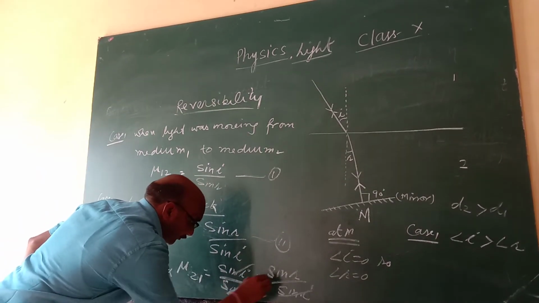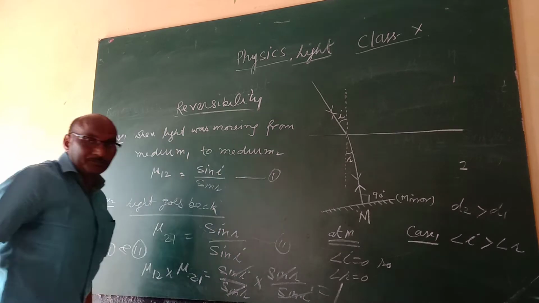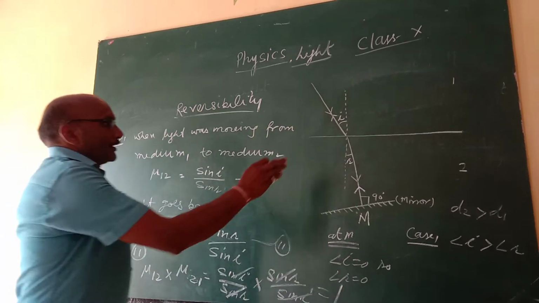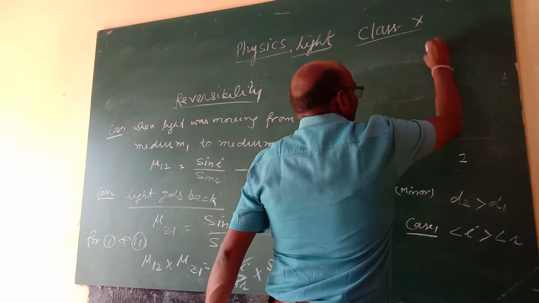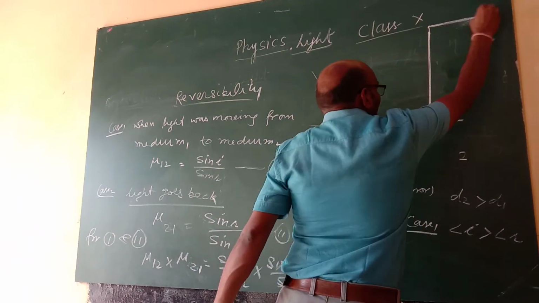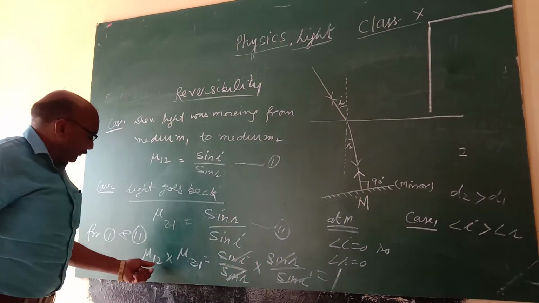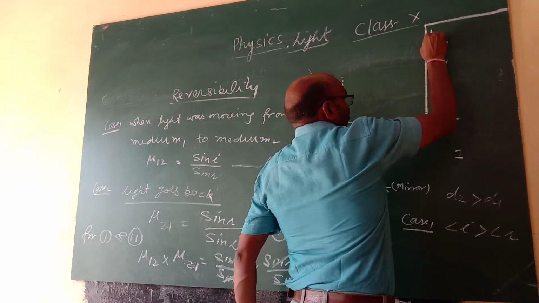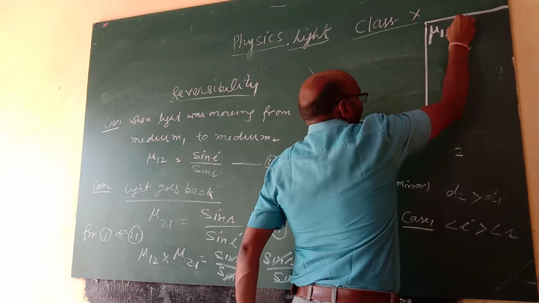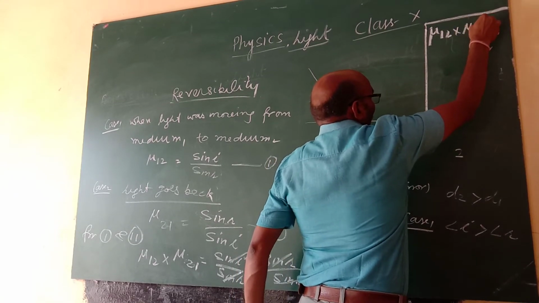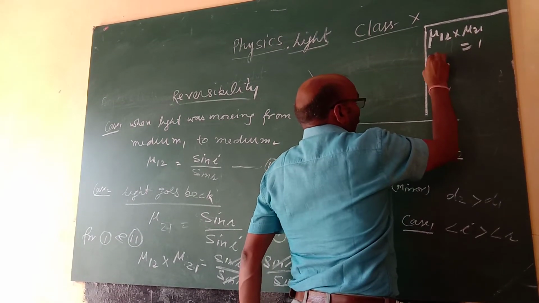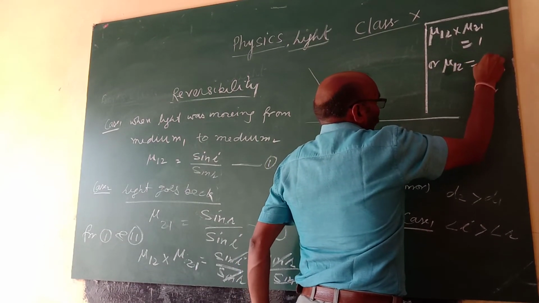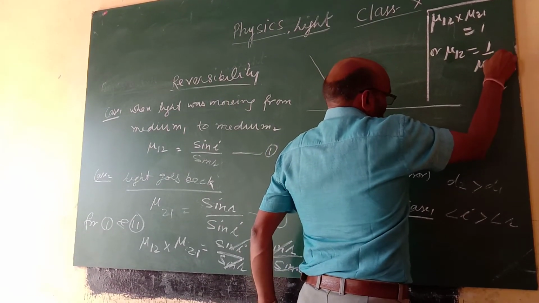All of it cancels out and equals 1. So mu 1 2 multiplied by mu 2 1 equals 1, or mu 1 2 equals 1 upon mu 2 1.